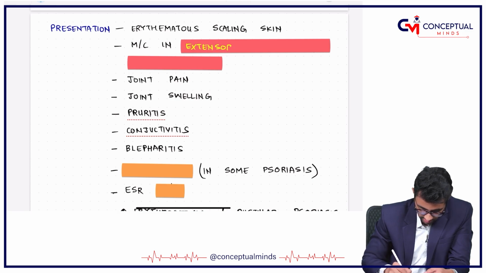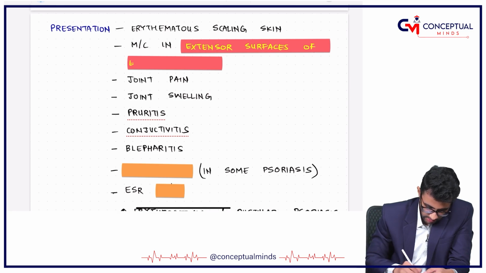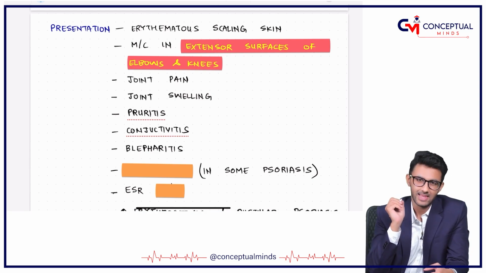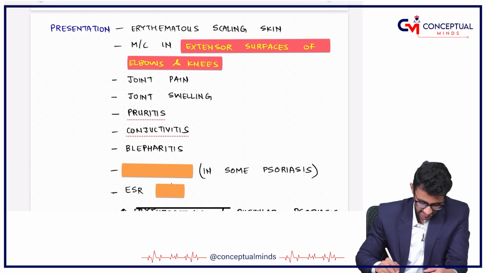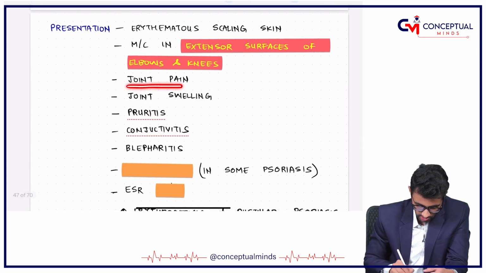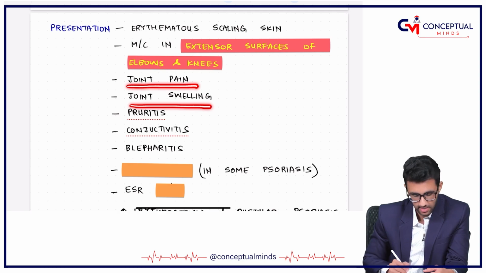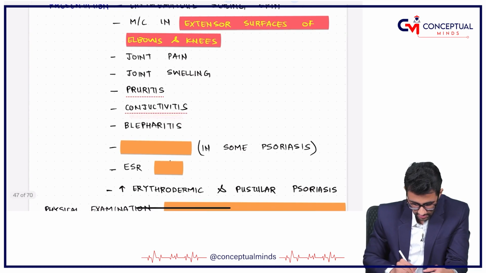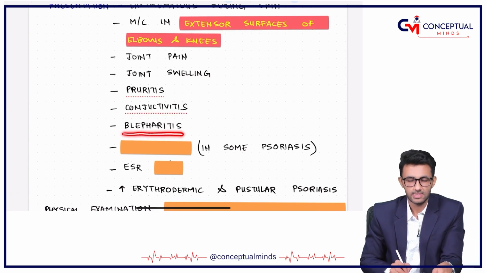Definitely we can have joint pain and joint swelling. Pruritus is a key finding, and conjunctivitis and blepharitis, that is inflammation of the eyelids.